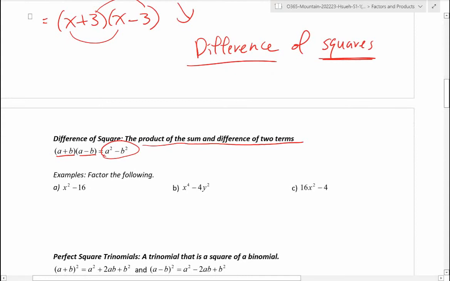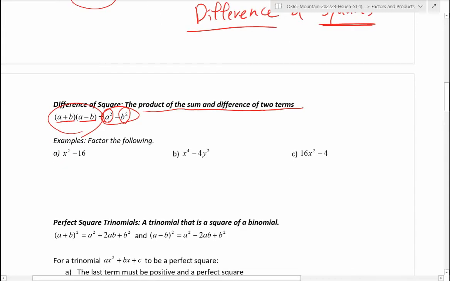Okay, so anytime we notice that we have difference of squares, we can simply square root each term, right? Because you can see the square root of a squared is just a, and the square root of b squared is just b. If we can just square root those two terms, well, then we finished it, because essentially when you factor it, it's just going to be a plus b and a minus b.